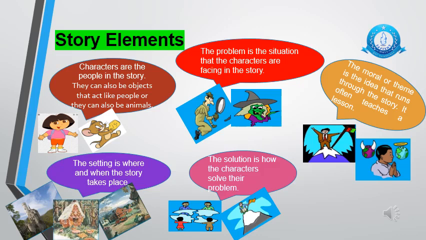For example, the problem can be solving a mystery, or facing any evil, or any fear, or the problem can be if the hero gets into trouble. So that can be a problem of that story. So basically, the problem is the situation that the characters face in that story, and it makes your story interesting.